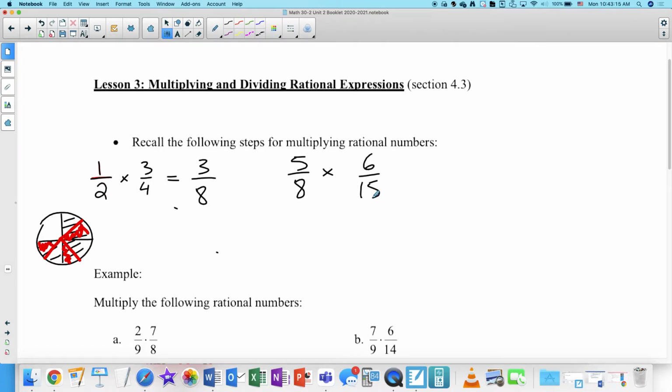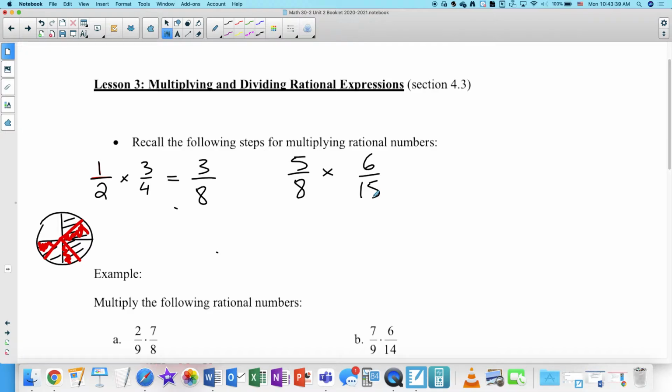What would we do here? Yes? Say that again? Okay, yeah, so this can be simplified. You could do this simplification first, and that's what I want to talk about, actually. You can totally simplify either one of them if they can be simplified.